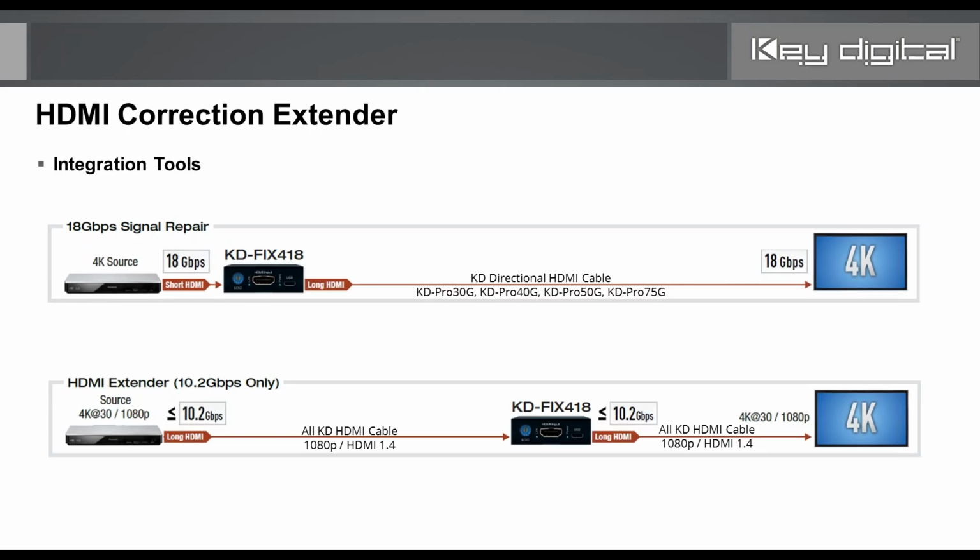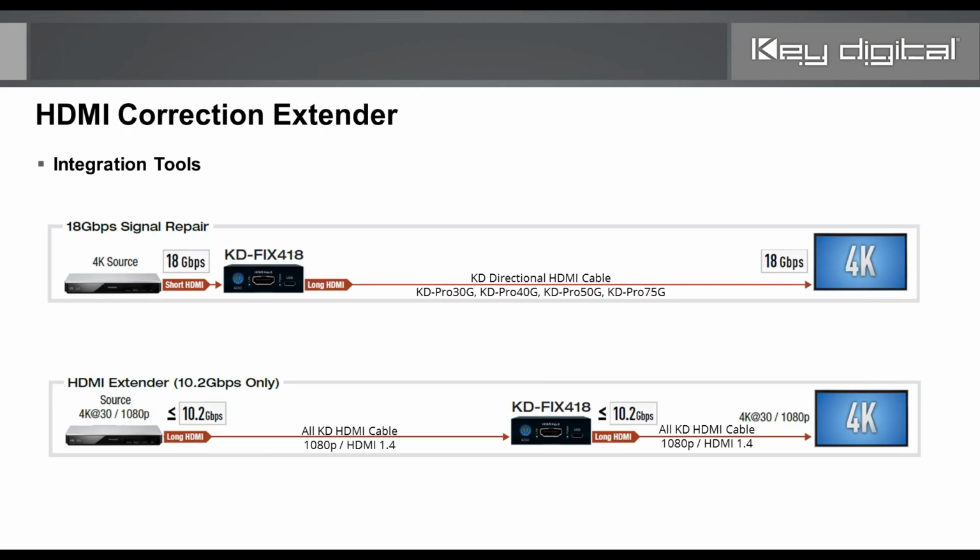We do see this very often with AV receivers, that the AV receiver will output a signal that is just not strong enough to make it over the long HDMI cables. Well, KeyDigital does make full 18 gigabit per second cables all the way up to 75 feet long.